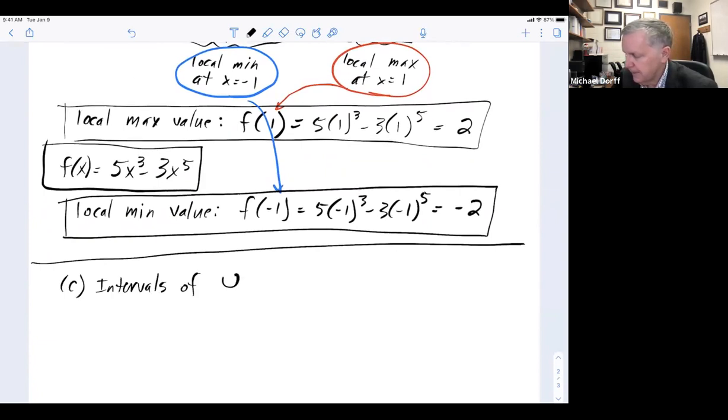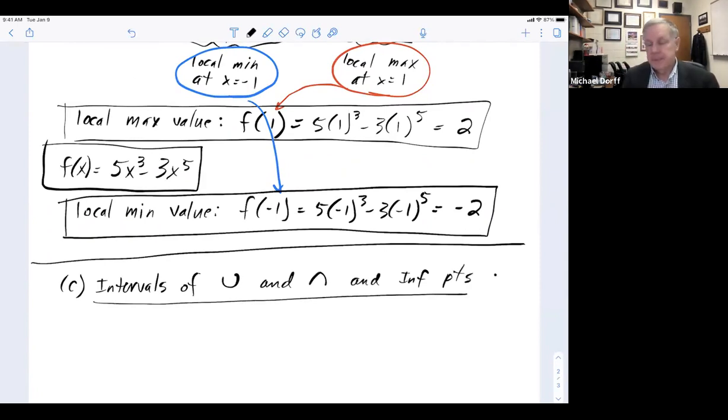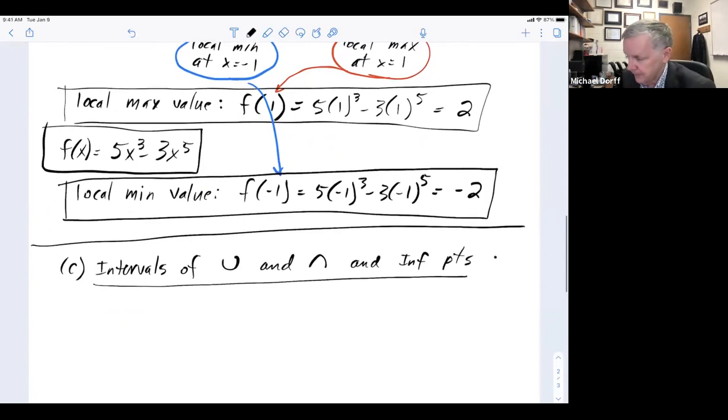All right, the next part was to find intervals of concave up and concave down and any inflection points. So how do I find concave up and concave down? I take the second derivative. Again, our function was 5x cubed minus 3x to the 5th.